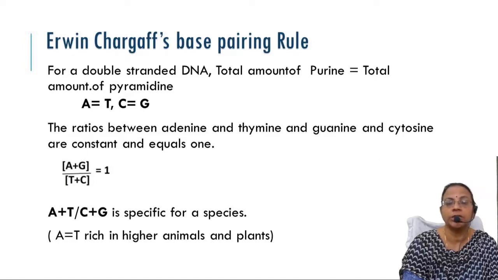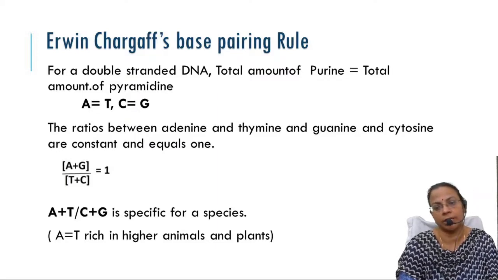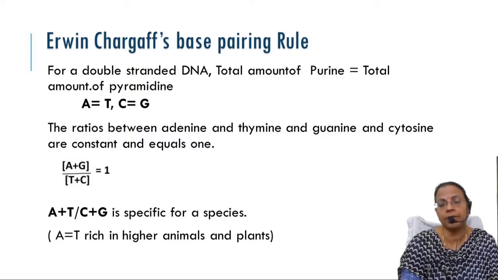And the next one, the ratio between adenine and thymine and cytosine and guanine is constant, or we can say specific for each species. So human beings will have a specific ratio, and that will vary from other animals. Lion means another, plants means another.